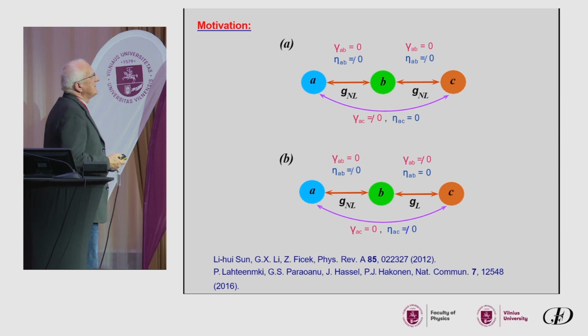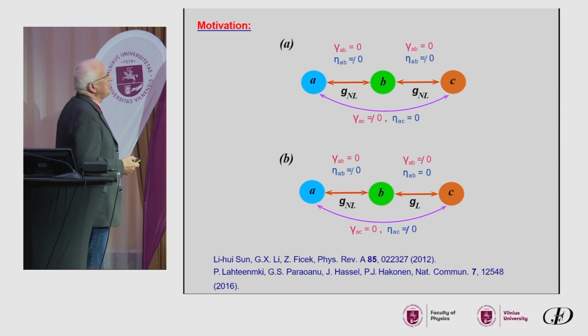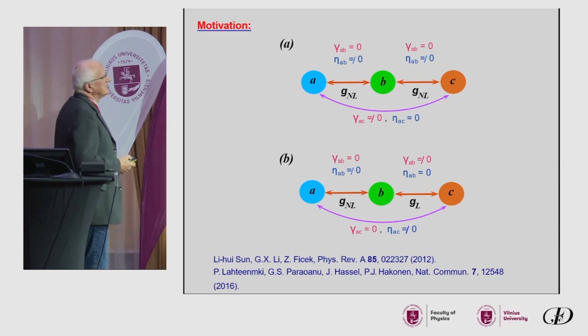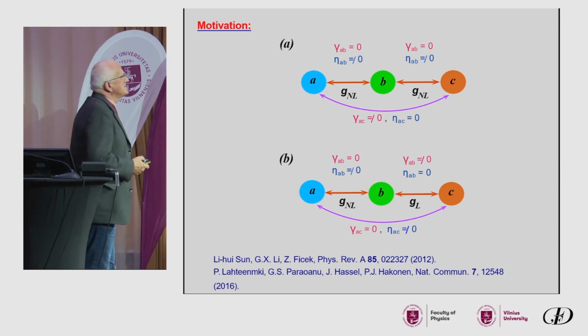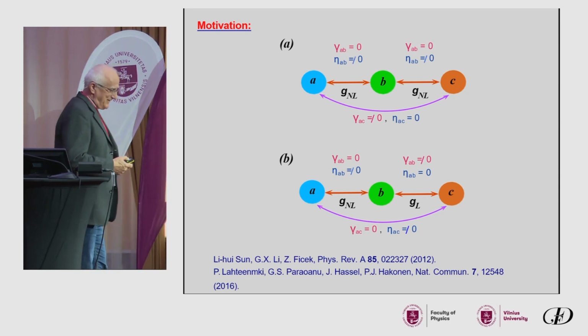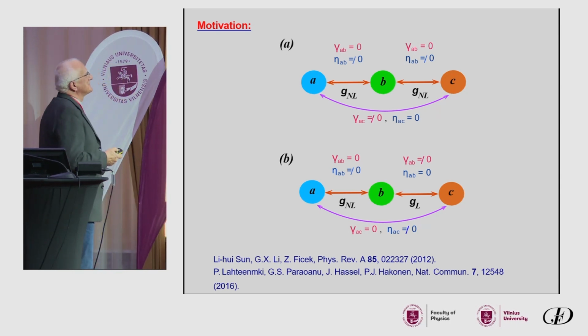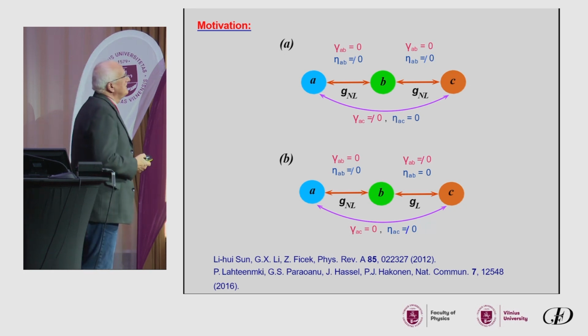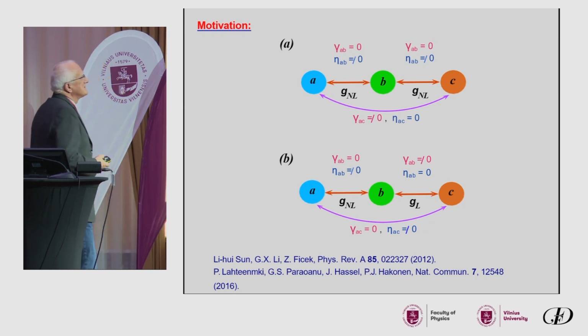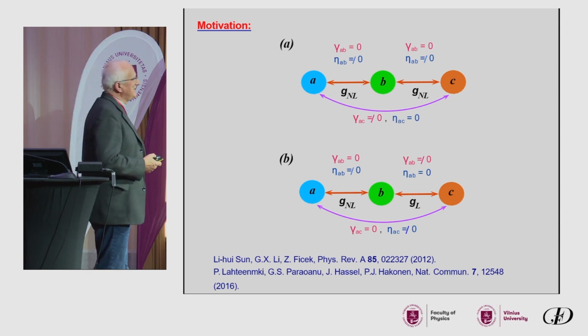And if you apply nonlinear coupling between B and C, you create, of course, entanglement between B and C. But then the question is, what is the correlation between A and C? Are A and C entangled or coherent? The results in these papers show that A and C are coherent. If A and B are entangled and B and C are entangled, then A and C are coherent.